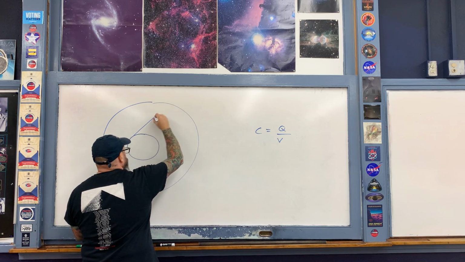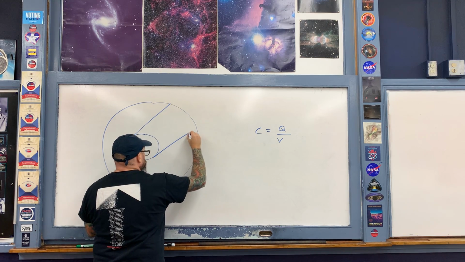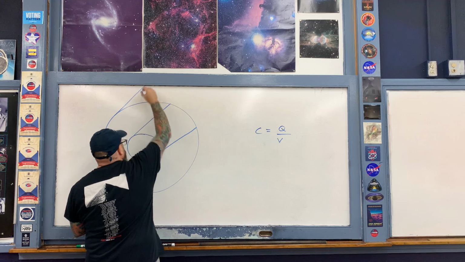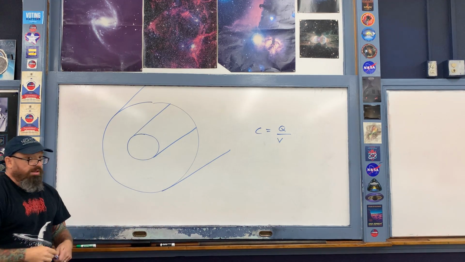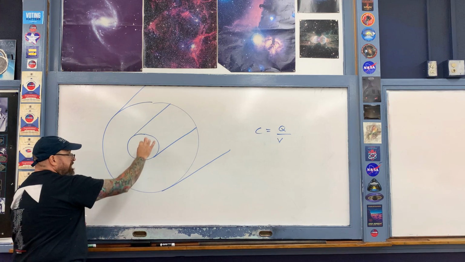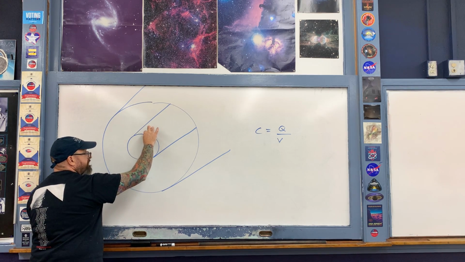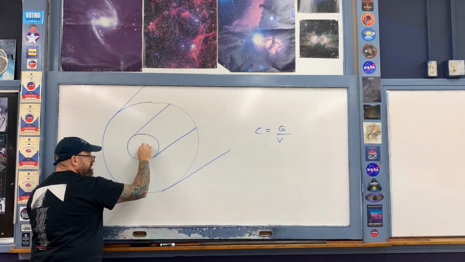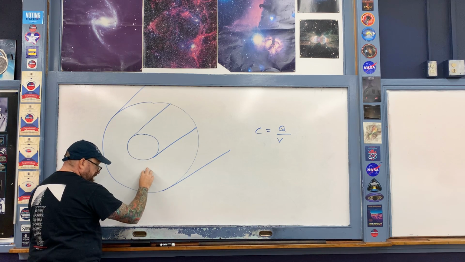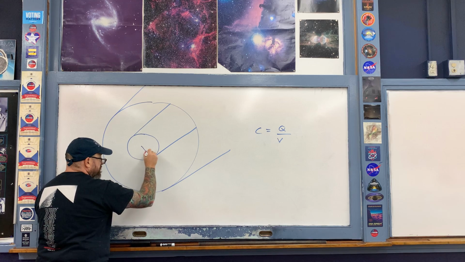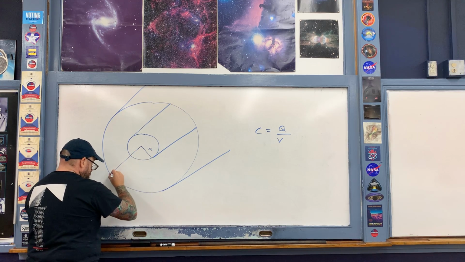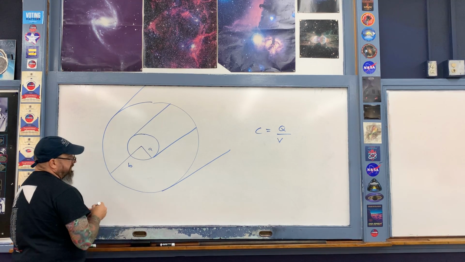And for this cylindrical capacitor, this right here is a very thin conducting shell. This is empty space, and this right here is a very thin conducting shell. This is inner radius A. This is outer radius B.